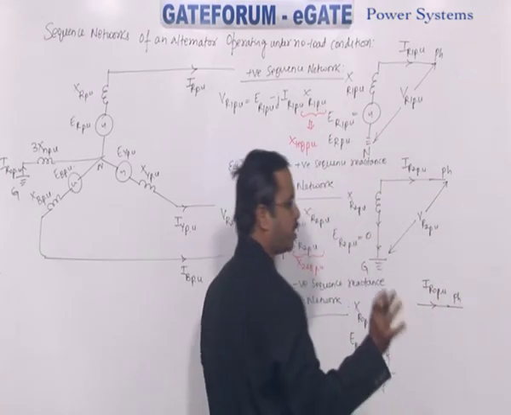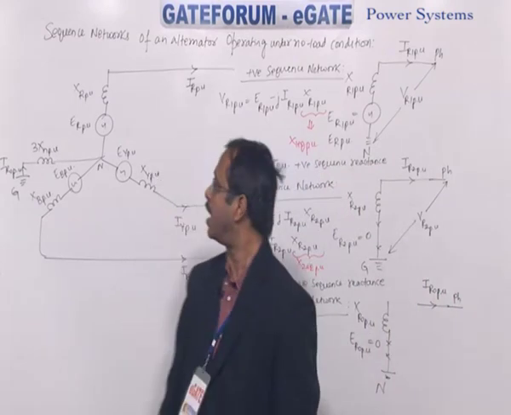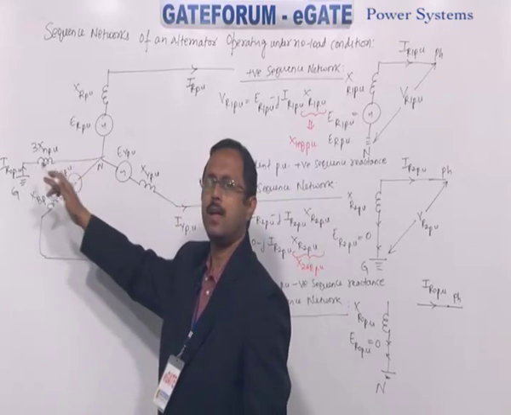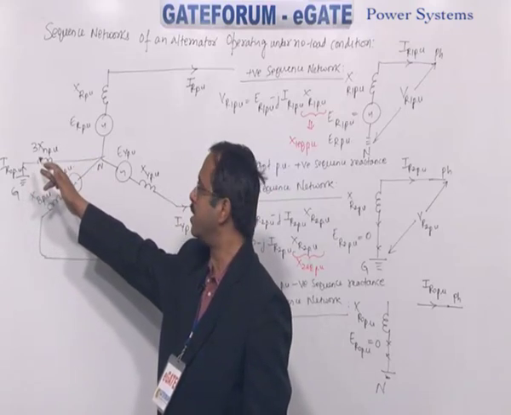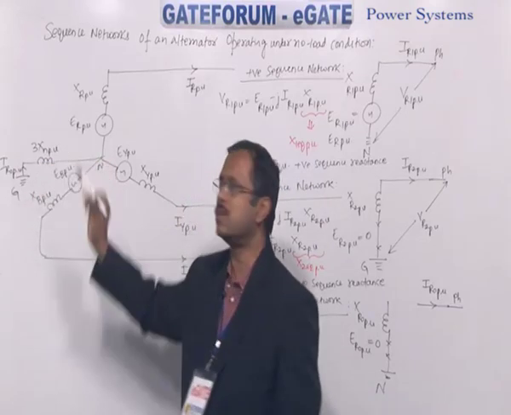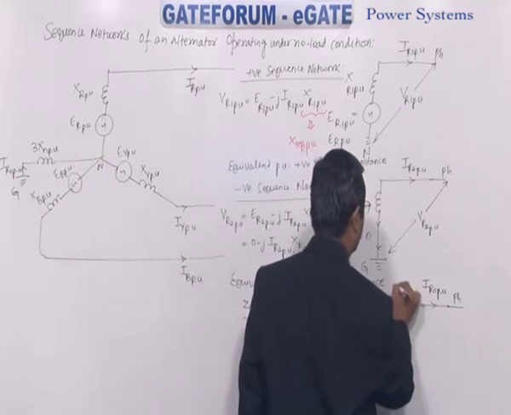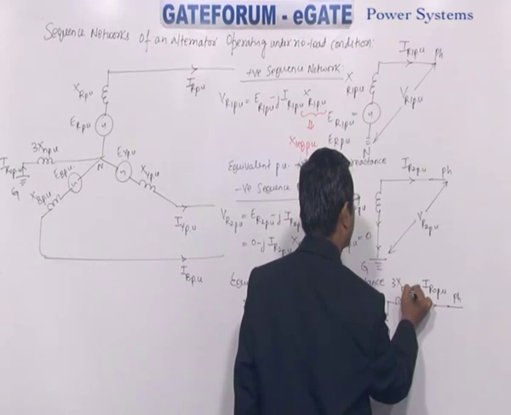Now the most important point: IR naught per unit is also flowing through where? IR naught per unit is also flowing through 3xn.